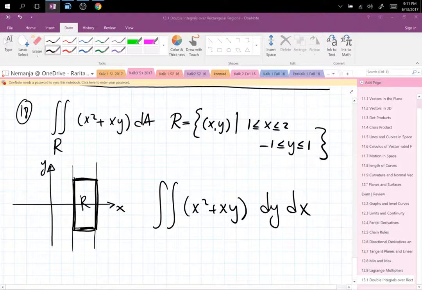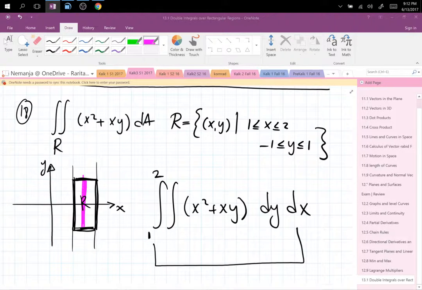The outer integral needs to match dx. You can see that dx goes from 1 to 2. Because if you are to draw dx, it slides from the left to right. It starts at 1 and ends at 2. You can also see that here.